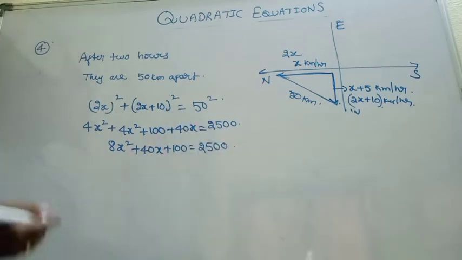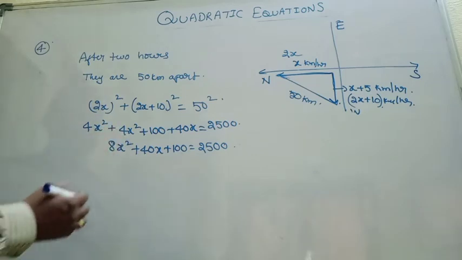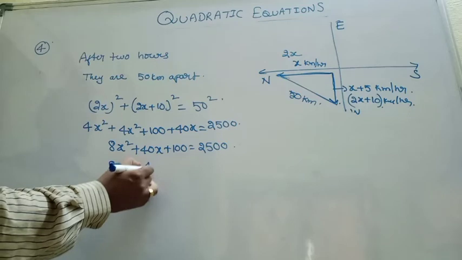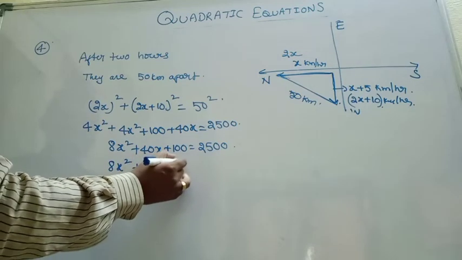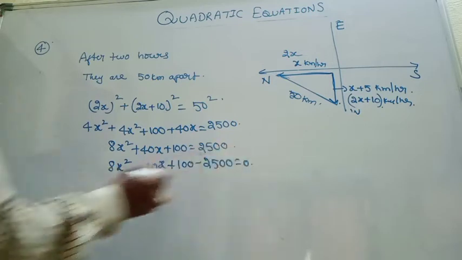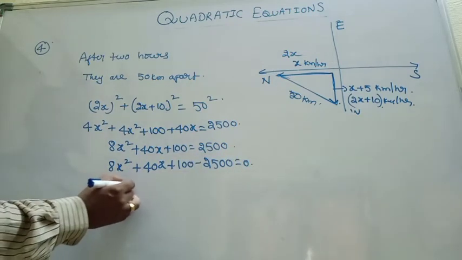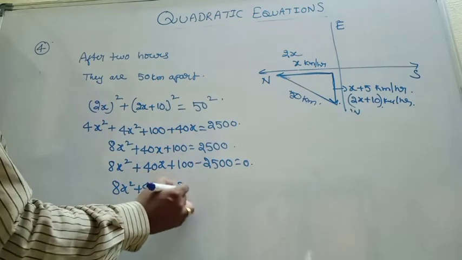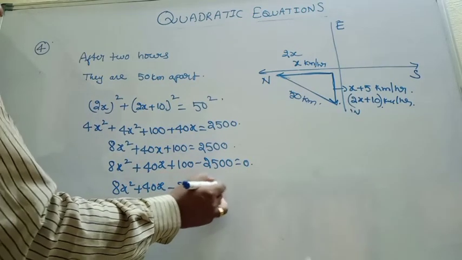Let us simplify this and form a nice quadratic equation. 40x plus 100 minus 2500 is equal to 0. Now this becomes 8x square plus 40x minus 2400 is equal to 0.